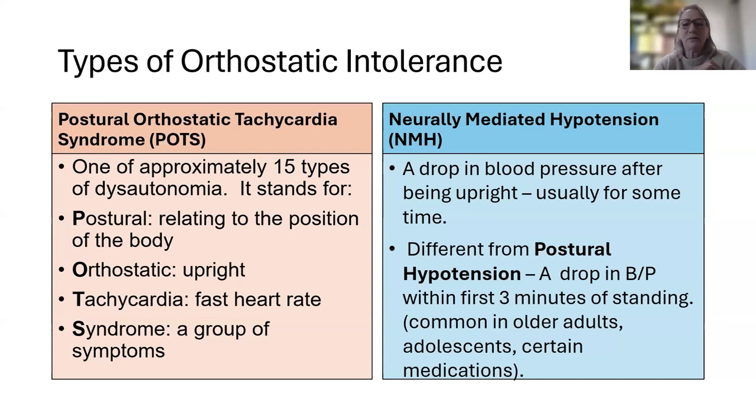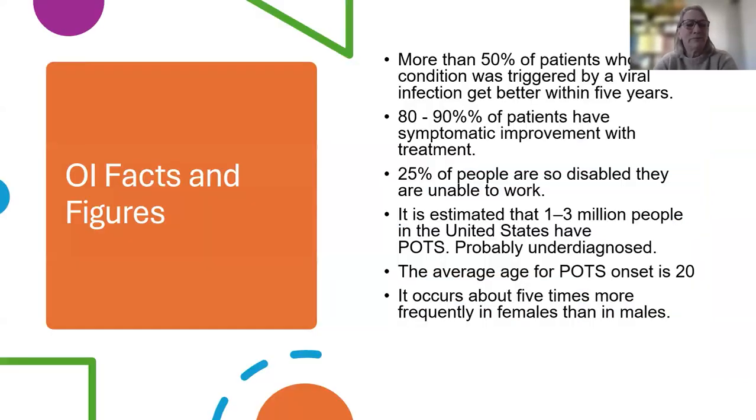So the postural hypotension is very often right after standing up, whereas the neurally mediated hypotension typically hits a little bit later on. So those are the two main types, POTS and NMH.